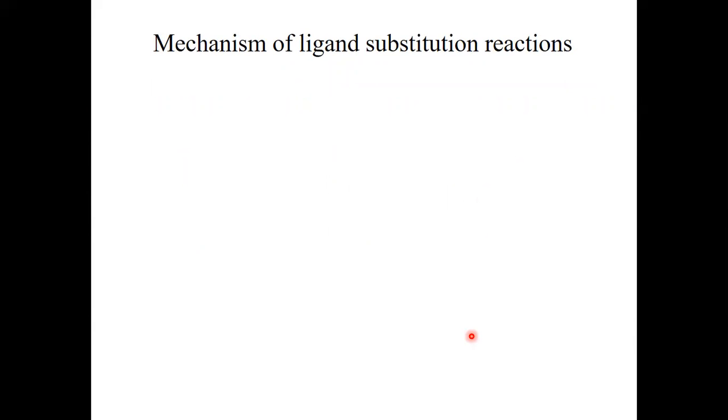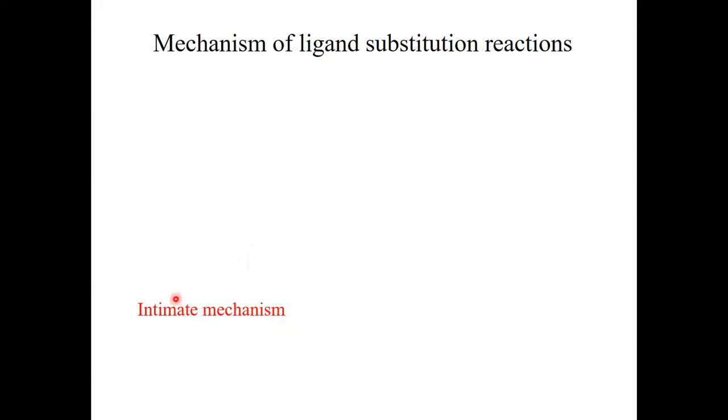Now let us go from the inertness, lability, and thermodynamic stability of complexes to the mechanisms of ligand substitution reactions. So according to which mechanisms can they actually occur? There are a number of possibilities.